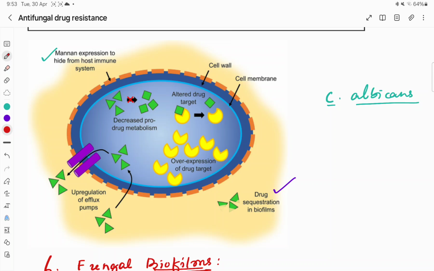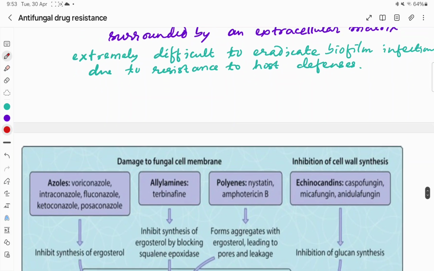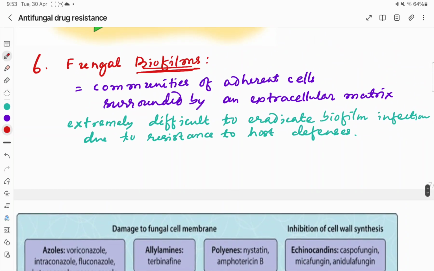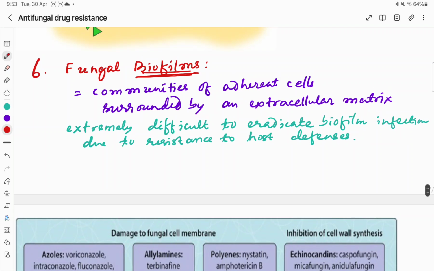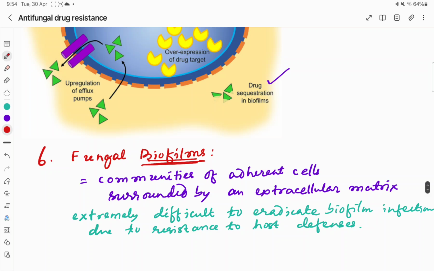And also this biofilm prevents the action of the antifungal drugs, so it protects the fungus from the antifungal drugs. So the biofilms are the communities of hardened cells surrounded by an extracellular matrix, and it is extremely difficult to eradicate this biofilm infection, and this biofilm protects the fungus from the action of any harsh environmental condition, including the action of antifungal drugs.